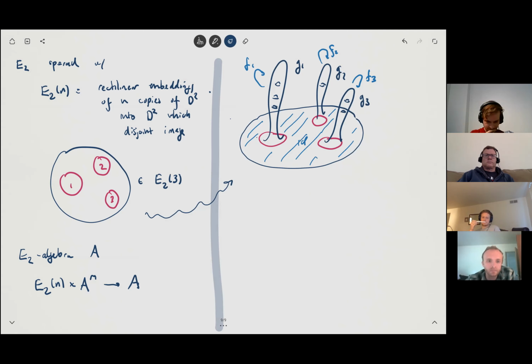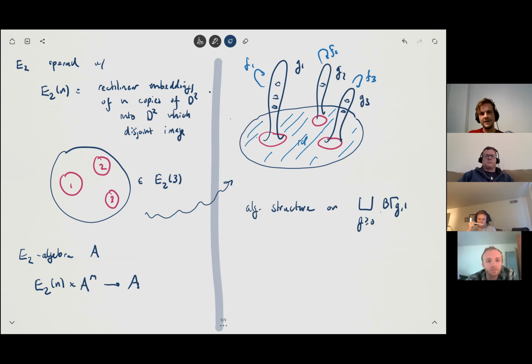Okay, so this is some kind of algebraic structure that's of a homotopy theoretic nature that's present on the disjoint union of these classifying spaces.